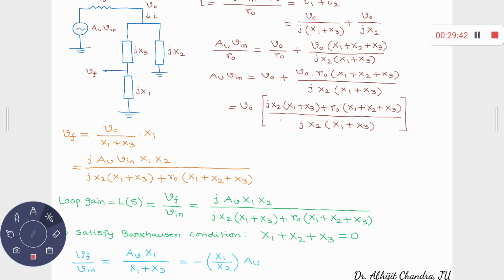That means this entire thing, this R0 into X1 plus X2 plus X3, has to be 0. R0 is non-zero, so therefore X1 plus X2 plus X3 is equal to 0. That is the condition for any generic LC oscillator. For any generic LC oscillator, X1 plus X2 plus X3 must be equal to 0.